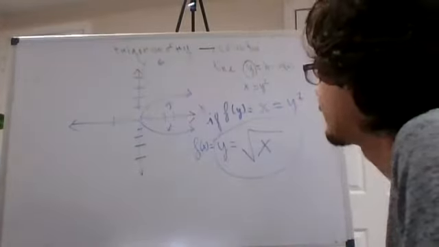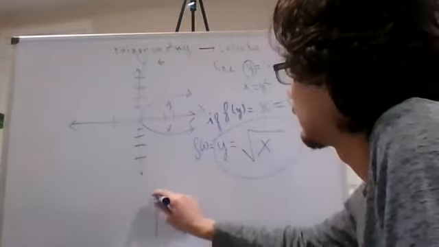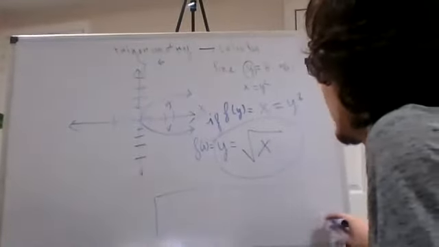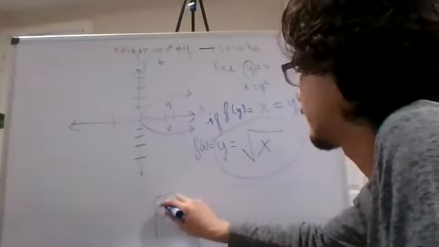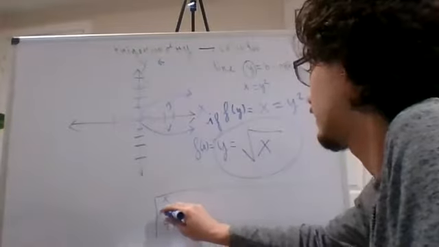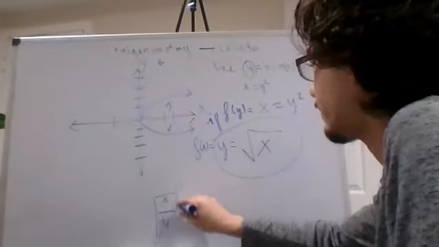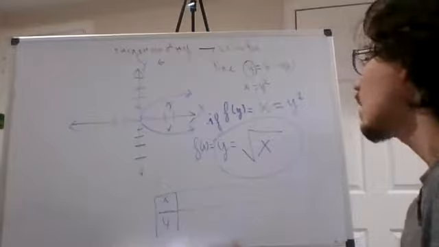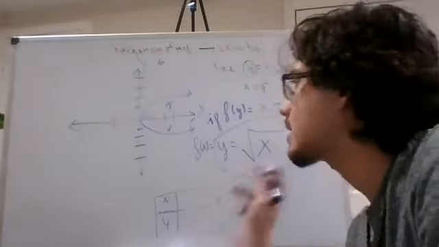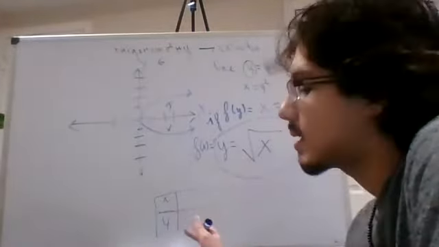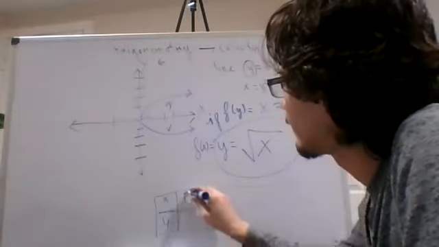I want to do a chart again. So let's have our x and our y. What does our equation say that y is when x is 0?